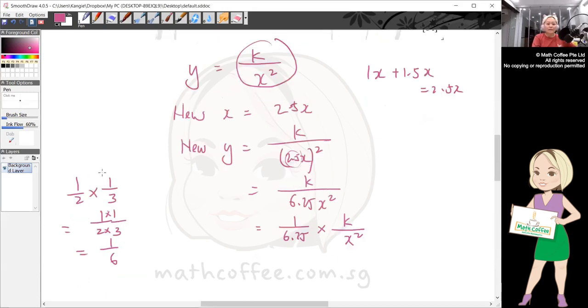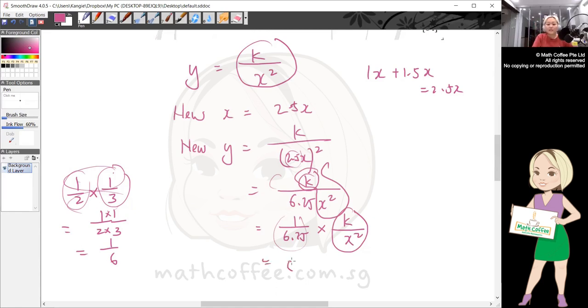So what was I saying? I said half times 1/3. We know that 1 times 1 on the numerator and denominator, so it's 1 over 6. It's the same thing, it's just that I split up the fraction. So I put k and x squared together, and then the 1 over 6.25 I put here. After that, you can press the calculator for 1 over 6.25, press equal, it will give you 4 over 25.